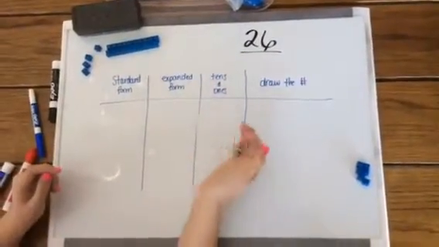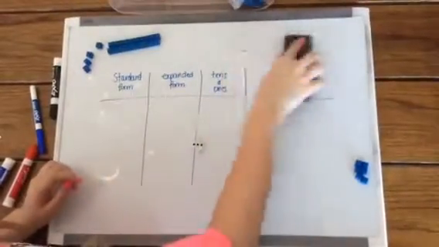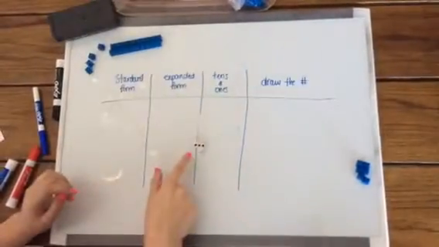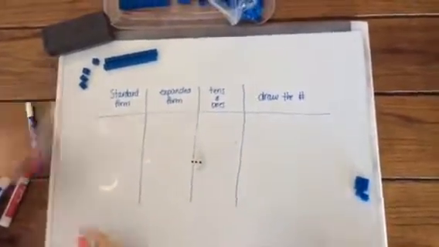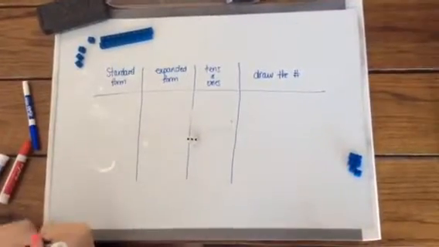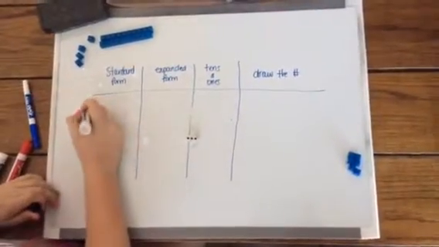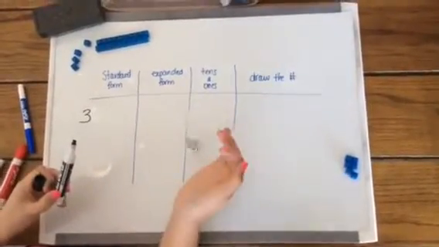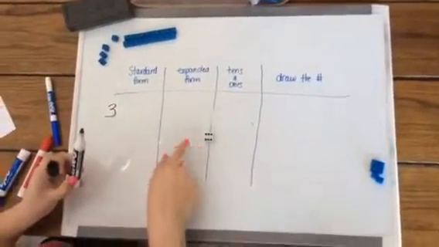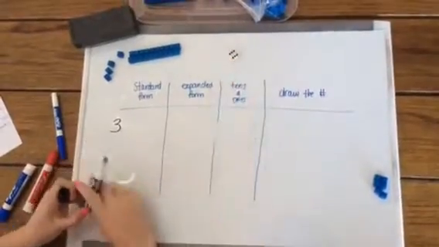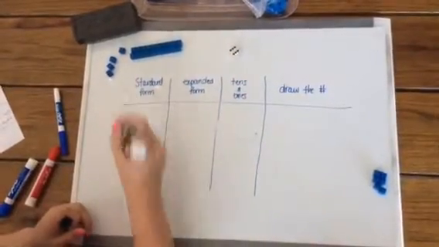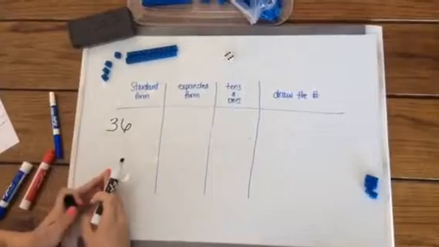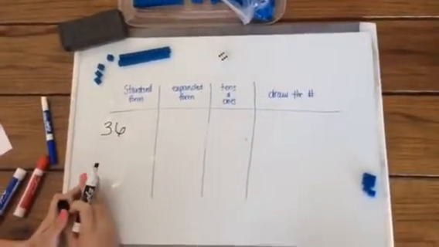We're going to roll the dice. And we get 3. So let's just go ahead and write in this column. We have a 3. Let's roll again. 6. So we're going to start from left to right.